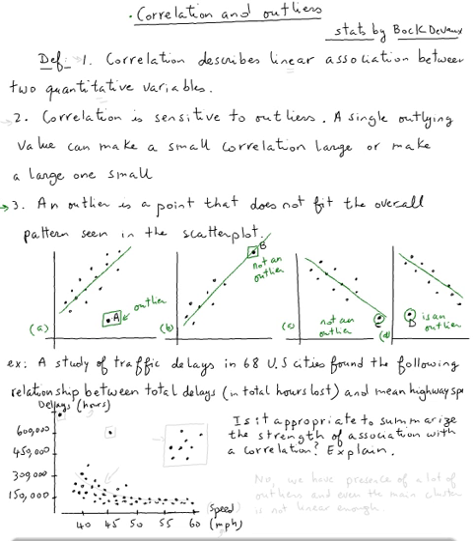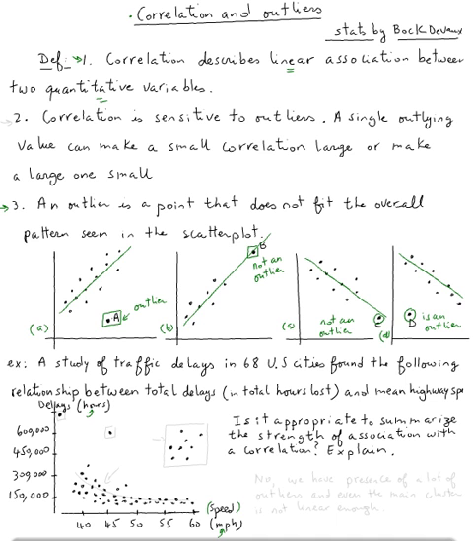First, we need to check whether correlation describes a linear association between two quantitative variables. First of all, we have two quantitative variables. Speed has a unit, so it's quantitative. Delays have a unit, which is hours, so it's quantitative. We don't have a problem.